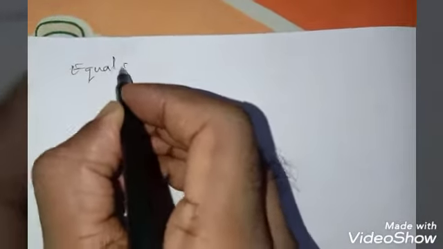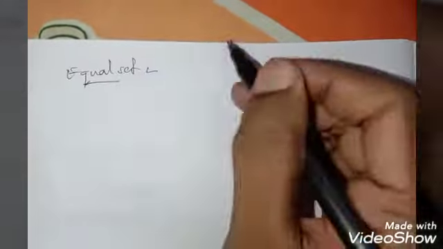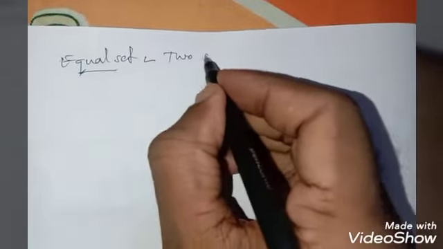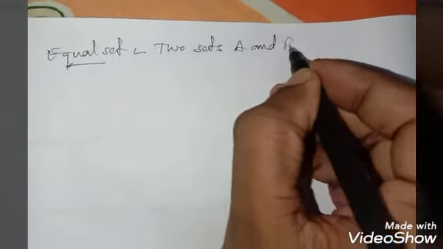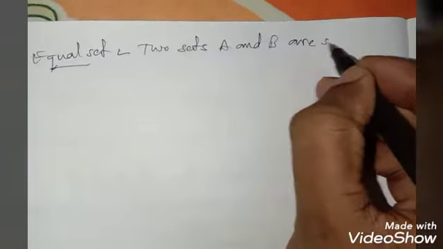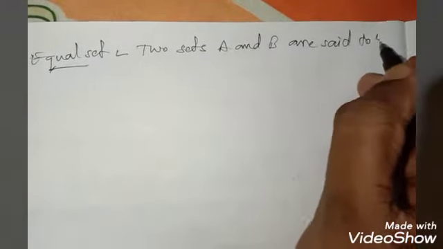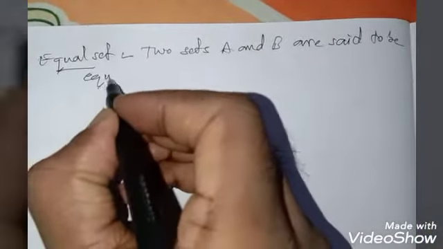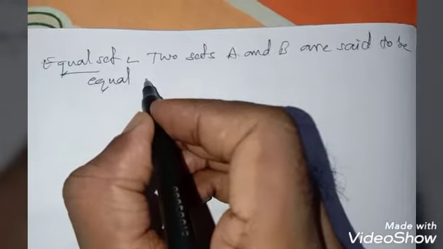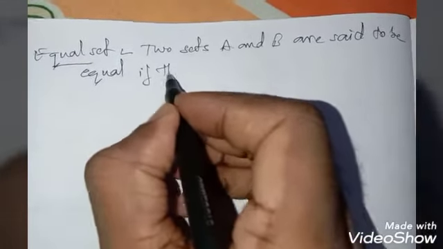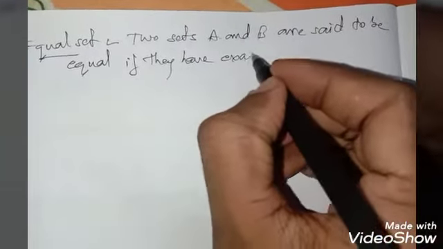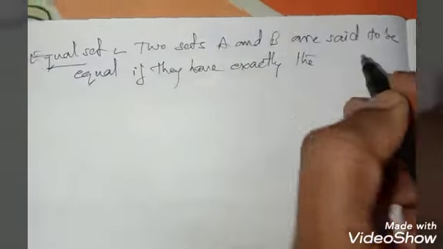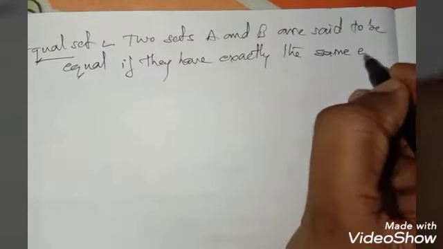Next, coming to equal sets. Now what do you mean by equal sets? Two sets A and B are said to be equal if they have exactly the same elements.